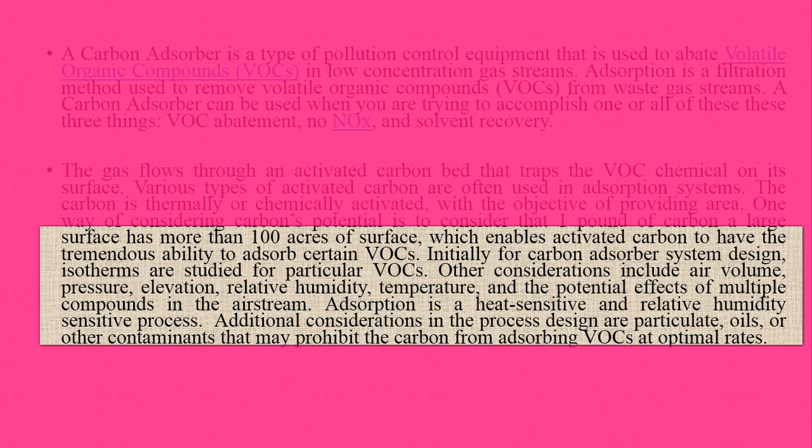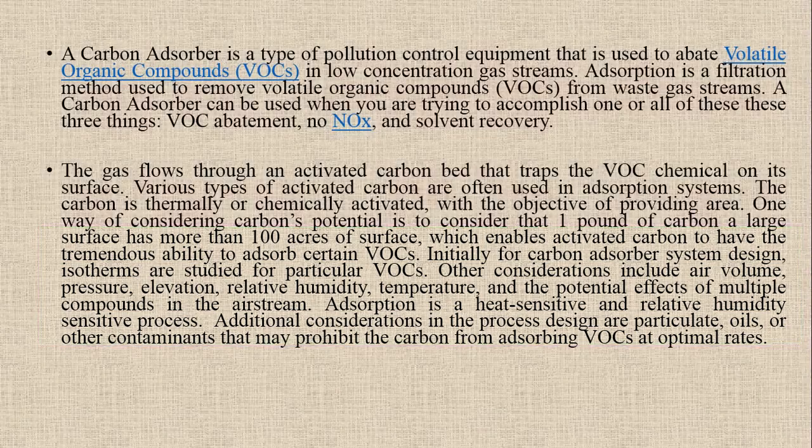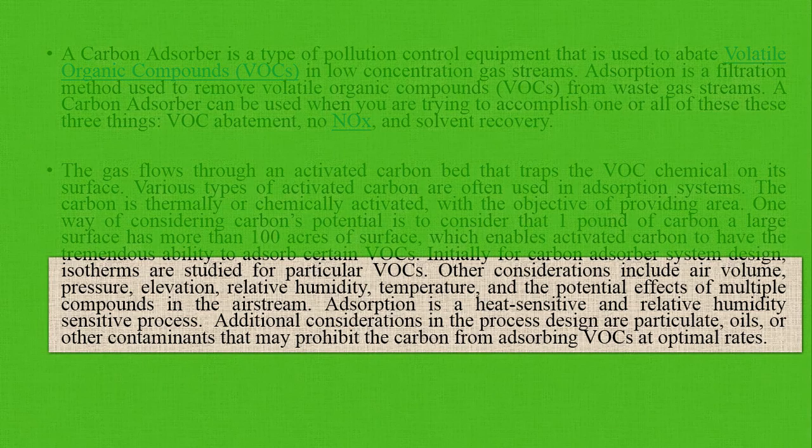Initially, for carbon adsorber system design, isotherms are studied for particular volatile organic compounds. Other considerations include air volume, pressure, elevation, relative humidity, temperature, and the potential effects of multiple compounds in the airstream.